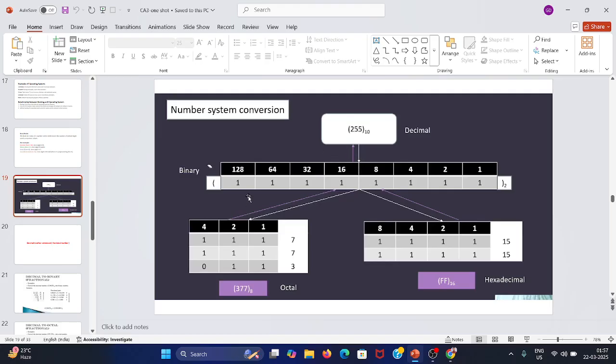In our case coincidentally we have to take each digit. After 128 there would be 256, but I have not written it here, because the number is 255. So coincidentally, under every number I have to write 1. If I have to reject any number in any case, then I have to write just 0 under that.